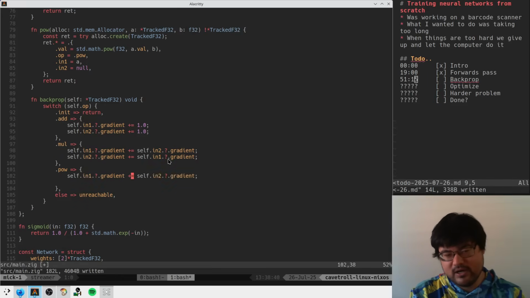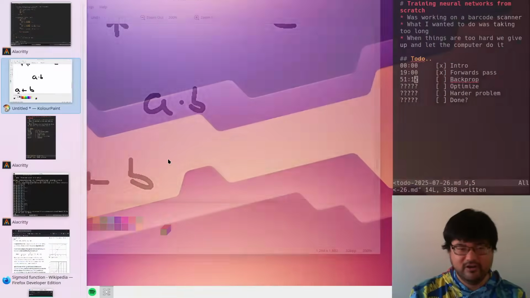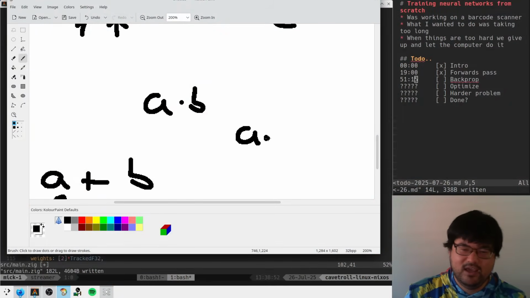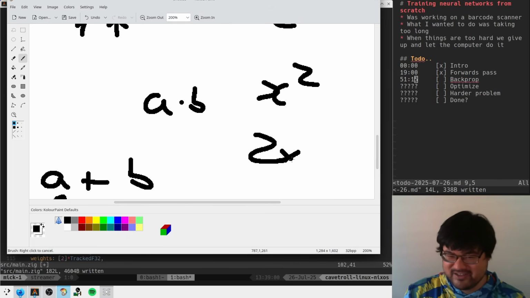Like in 1's gradient is just 2 times the something. Hold on. So if I have like x squared, I know that the derivative of this is 2x, where x is the value.